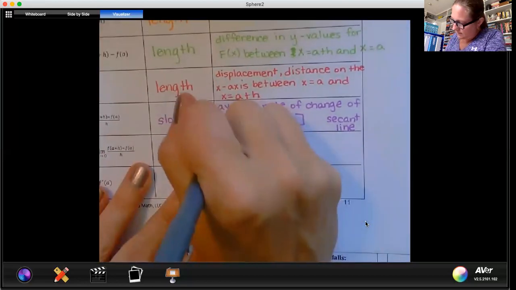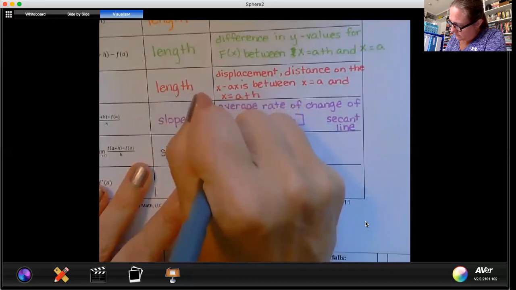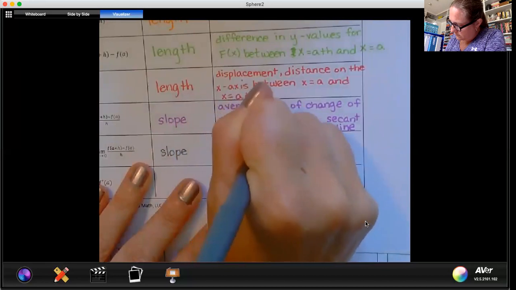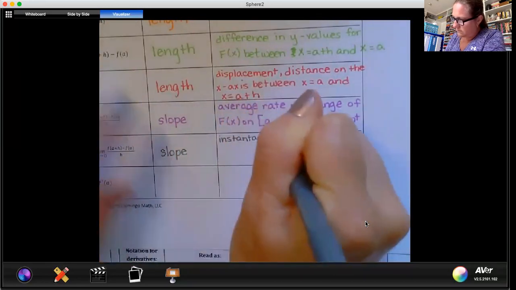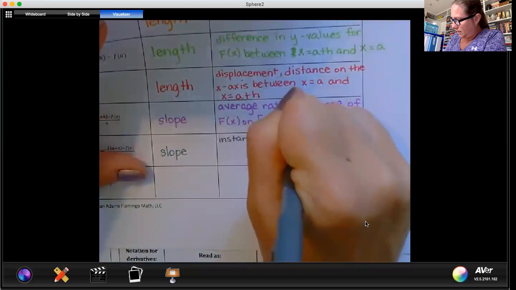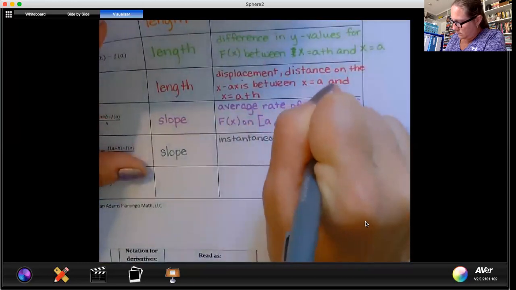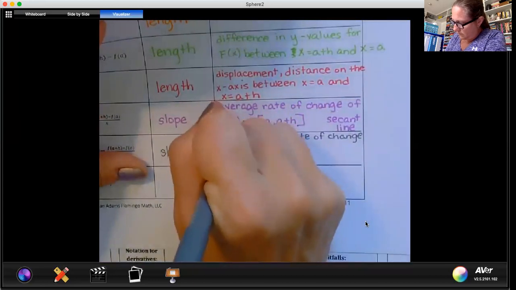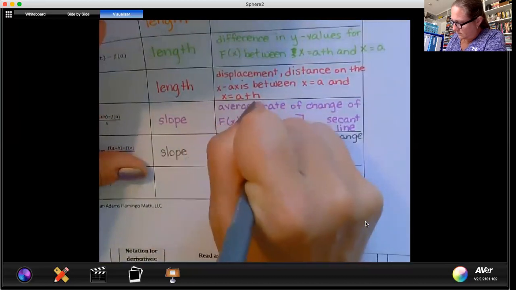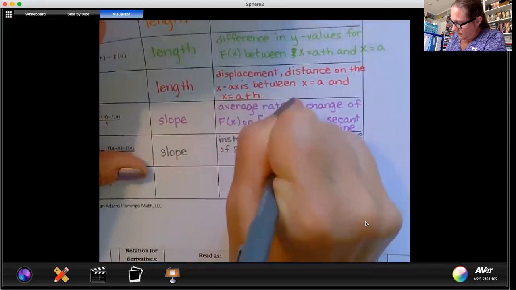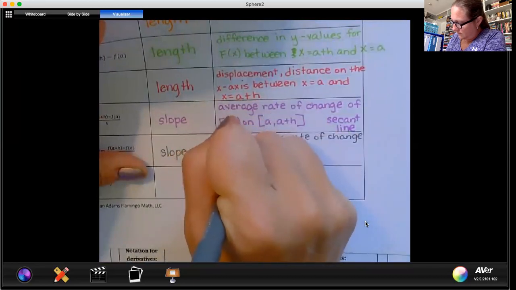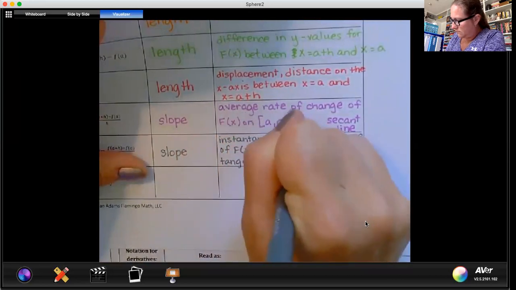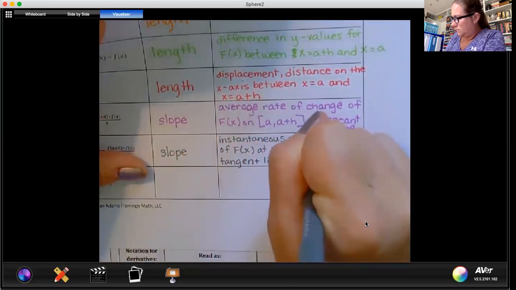And it is the instantaneous rate of change of f of x at x equals a. It is a tangent line slope, which is your derivative.